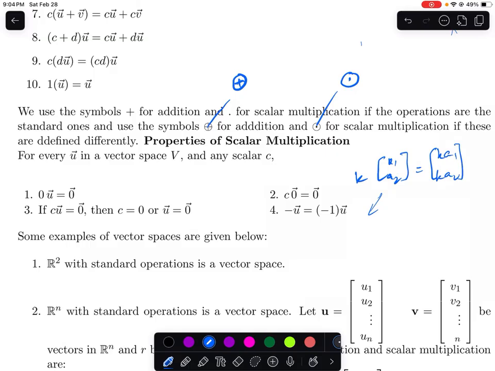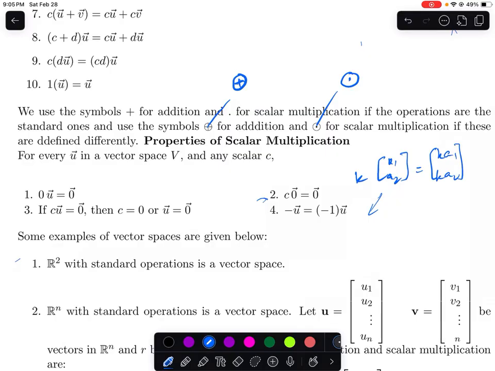But when you multiply by 0, 0 is a scalar, so we get a new vector which is the 0 vector. Number 2 here says c times the 0 vector is equal to the 0 vector. c is the constant, and if you multiply it with the 0 vector, you will get back a 0 vector.